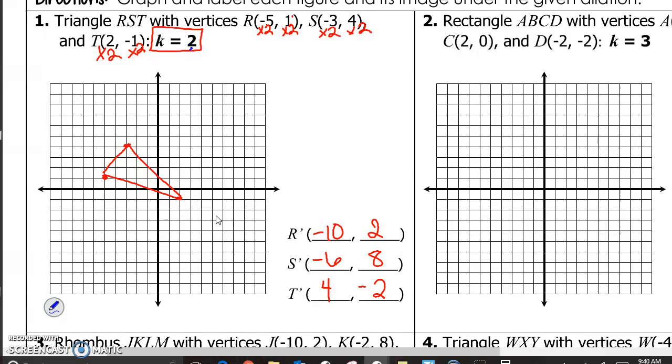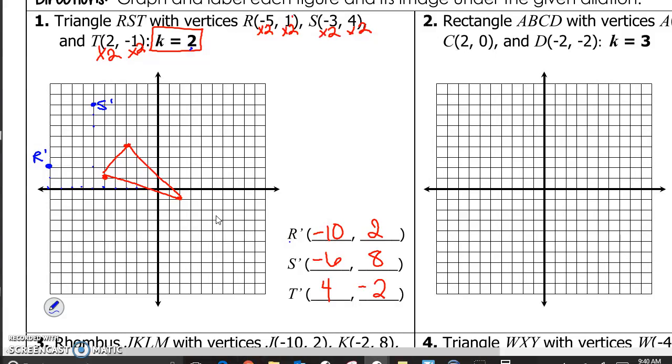So plotting that new figure, we have R, which is at -10, 2. This is our new R. S is at -6, 8.